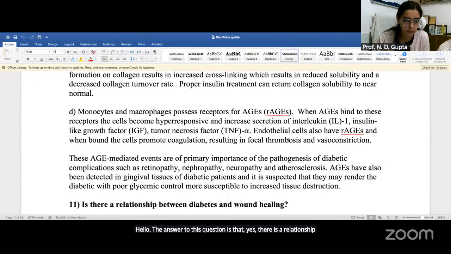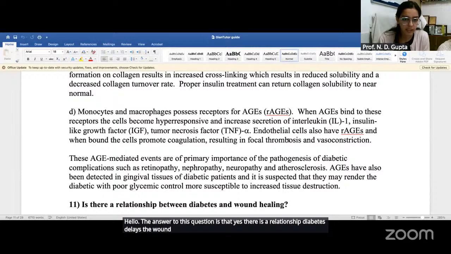Diabetes delays wound healing. It alters each and every phase of wound healing, starting from hemostasis to proliferation and remodeling. The first line of defense, as just described, is PMNs, and the response of PMNs is altered. There is defective chemotaxis, adherence is defective, and the phagocytosis action of PMNs is defective.